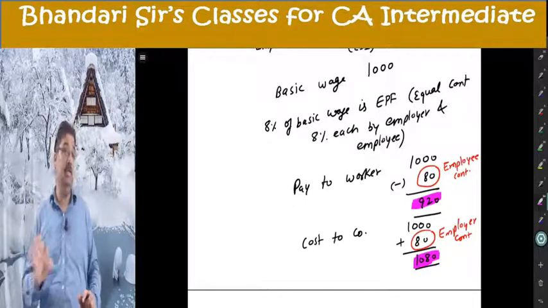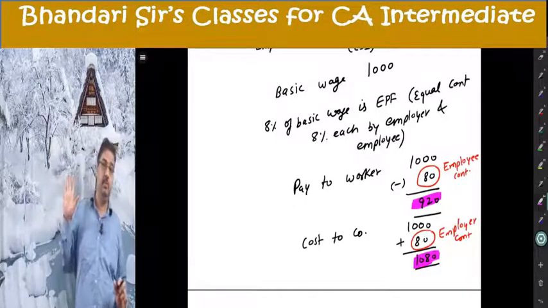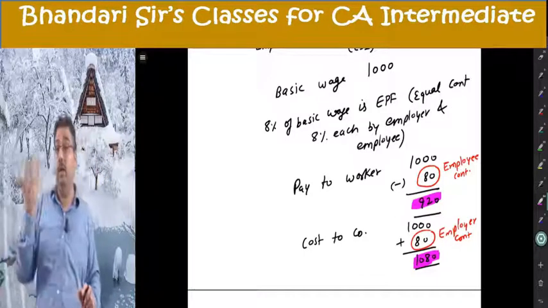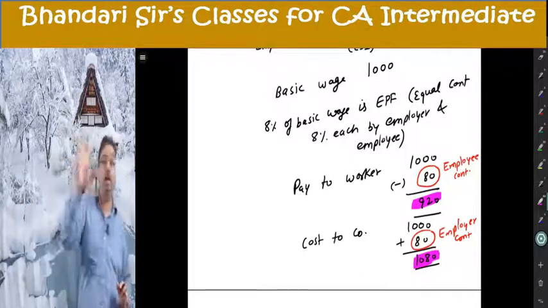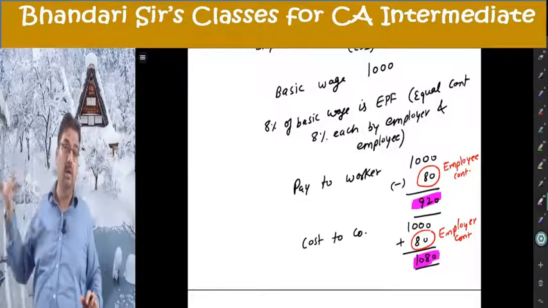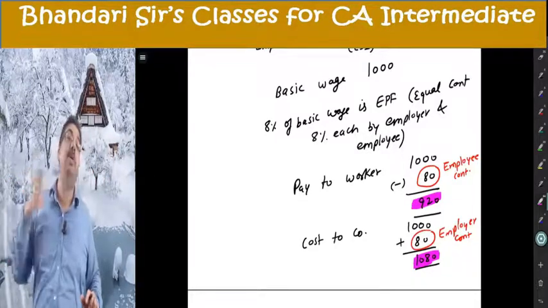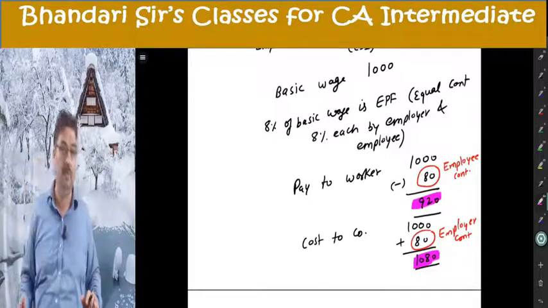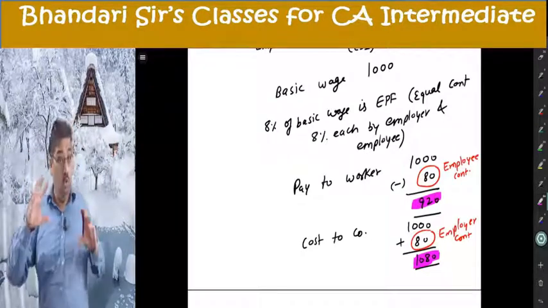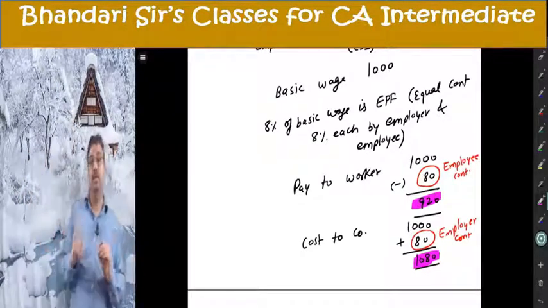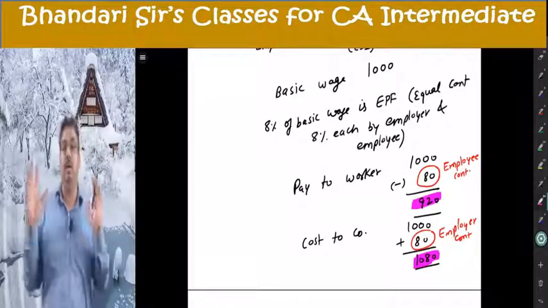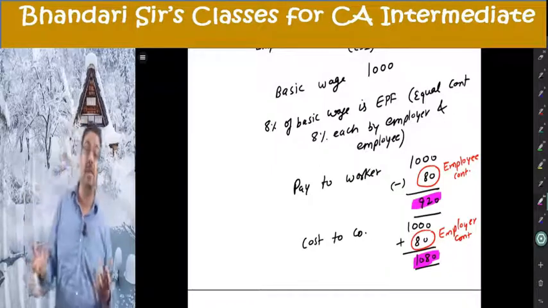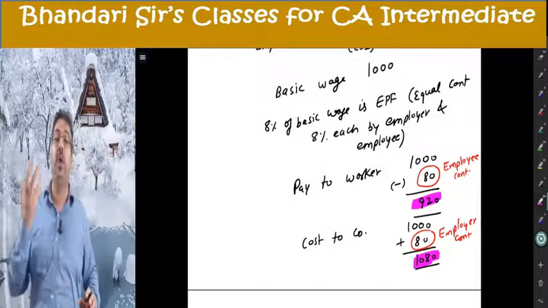As of today, he is not being paid this. Out of the employer's pocket, 1080 is going. Out of 1080, 920 is given to the worker, 160 deposited in Provident Fund Corporation or PF Trust, whatever is applicable there. So, cost to company and worker earning, paid today, may not be the same due to the contributory schemes.